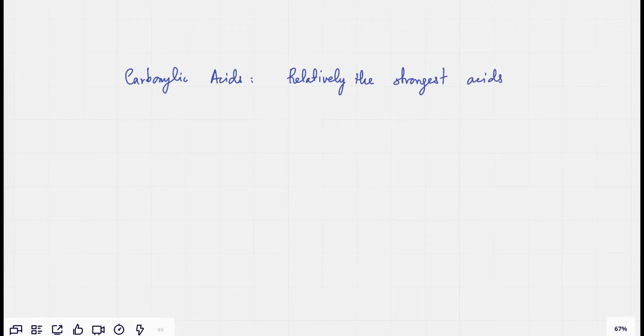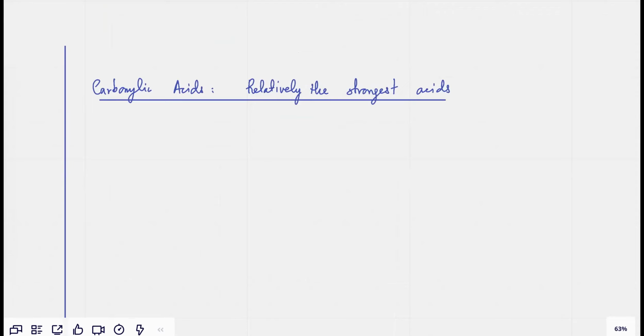So we're going to understand the reasons why they are considered to be the strongest out of all these acids. So relatively the strongest acids. What's the reason for that?